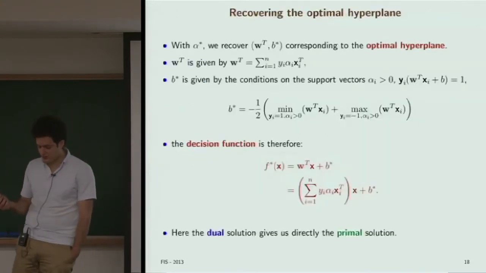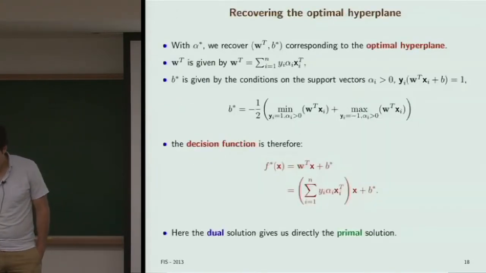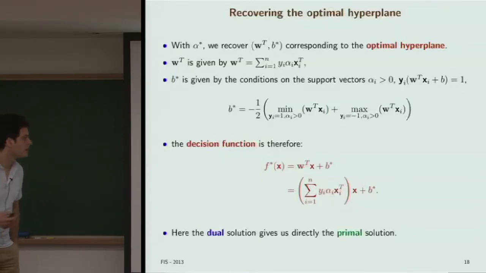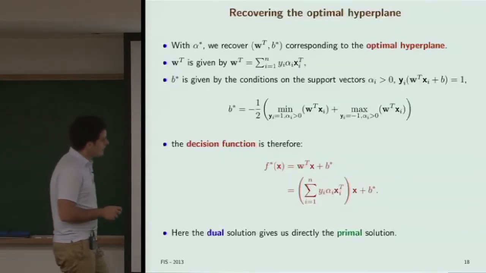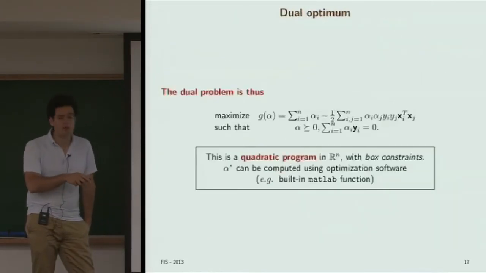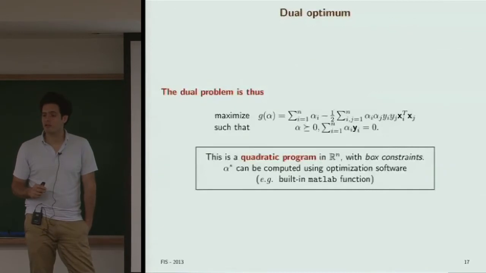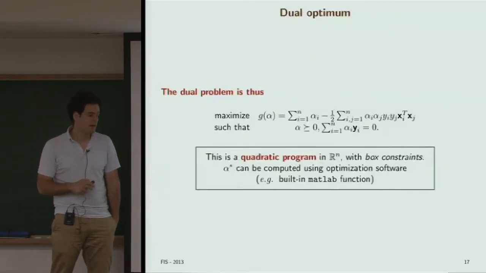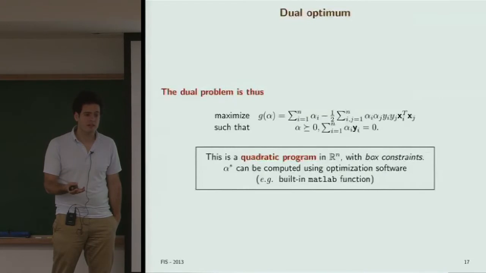Then the other interesting thing is that this dual problem will give us another interpretation. You might ask, okay, I maximize this program, I get the dual function, I maximize it, I get an alpha star which is optimal. This doesn't give me W yet, right?